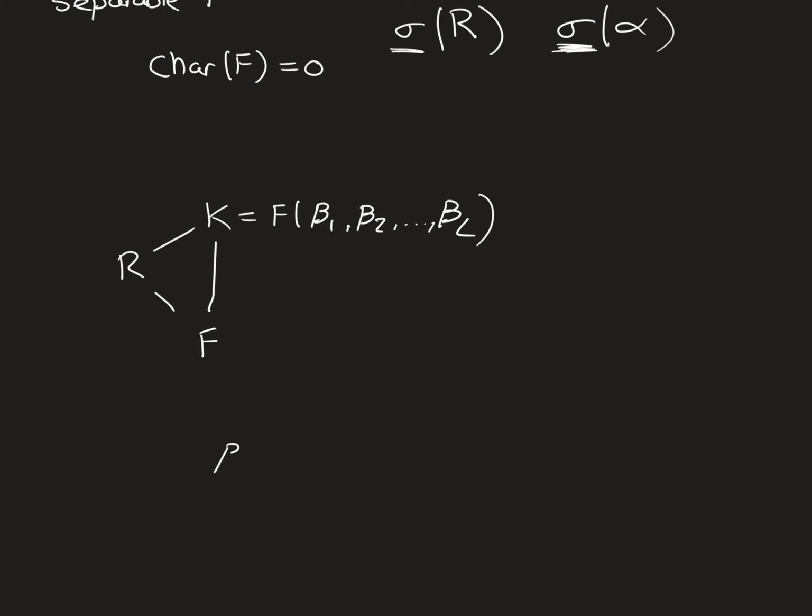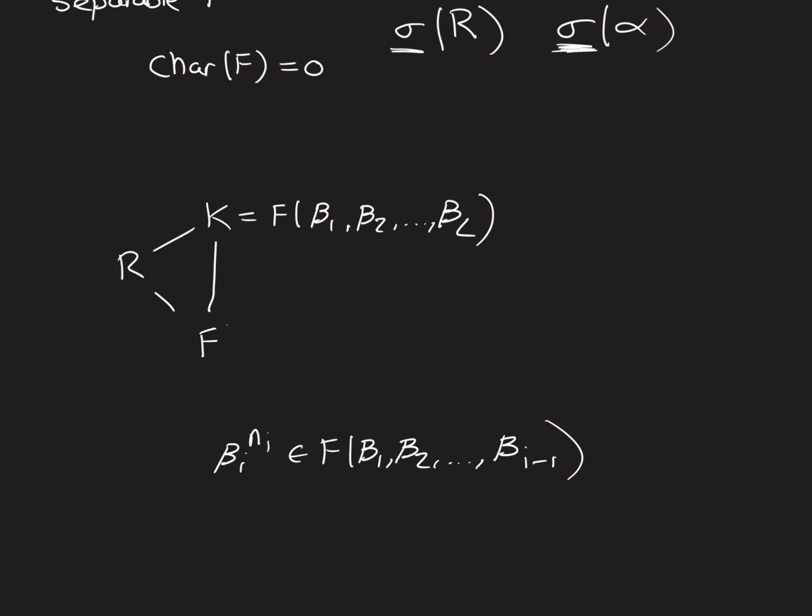So I'm saying that beta i to the power of some n_i is going to be an element of F adjoin beta 1, beta 2, all the way up to beta i minus 1. This is just the condition for this being a radical extension.